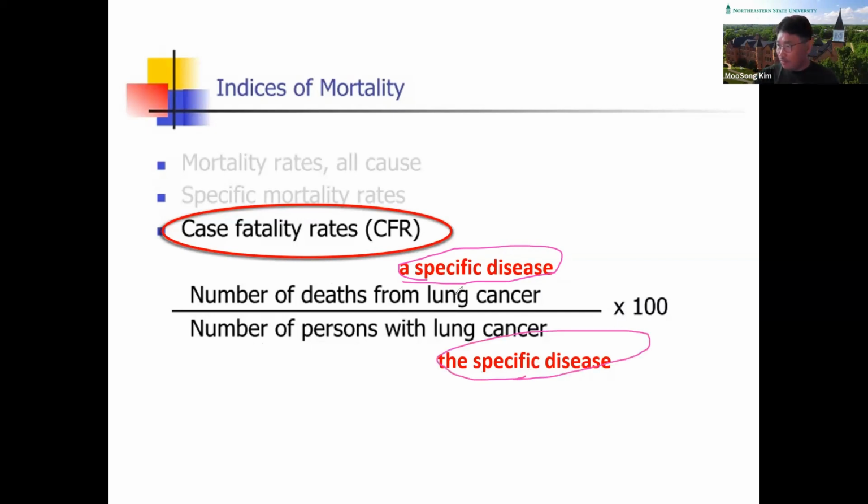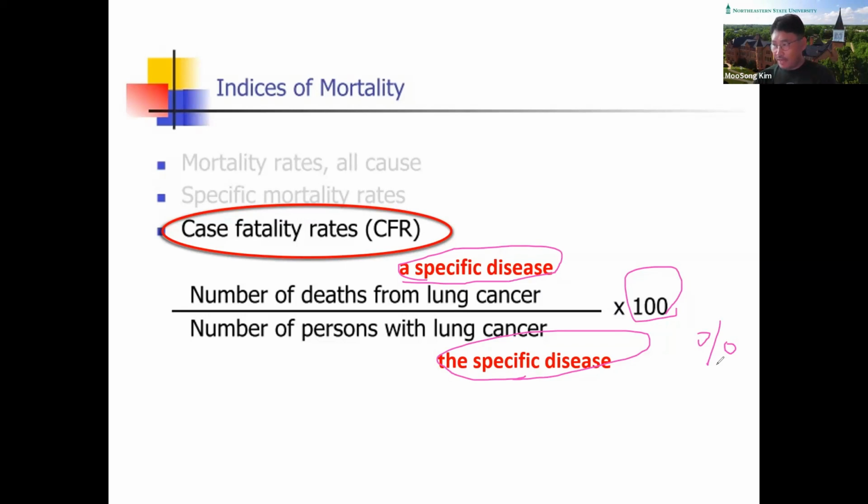So here, for example, the disease is lung cancer. So number of people with lung cancer, and times 100. The 100 means we are going to use percentage, not per 1,000 people like the constant, okay? So case fatality is presented as a percentage, right?